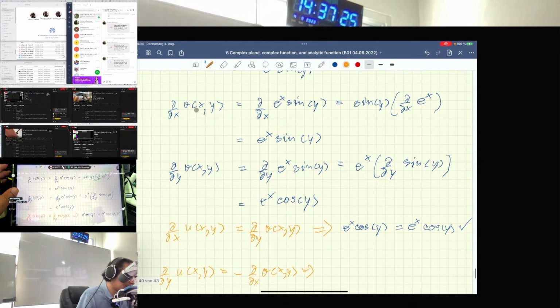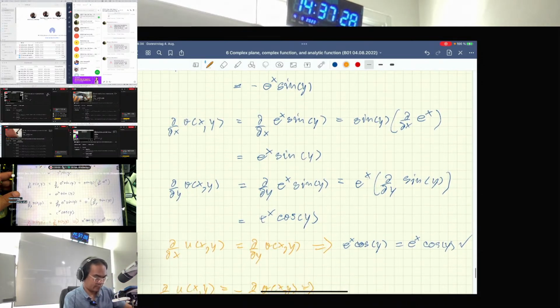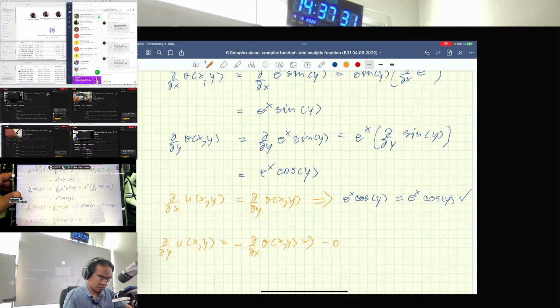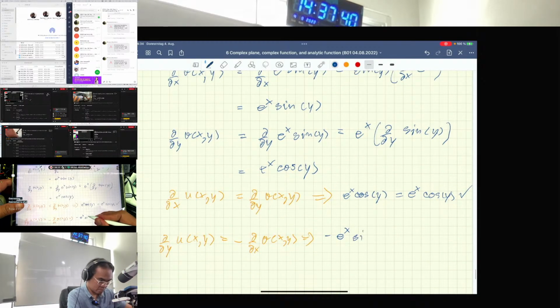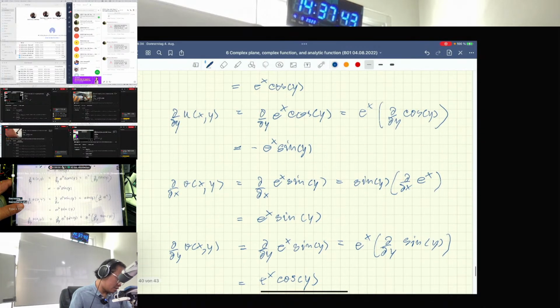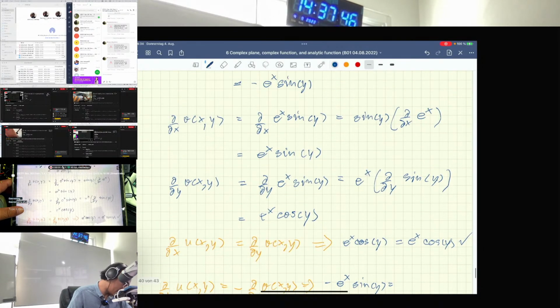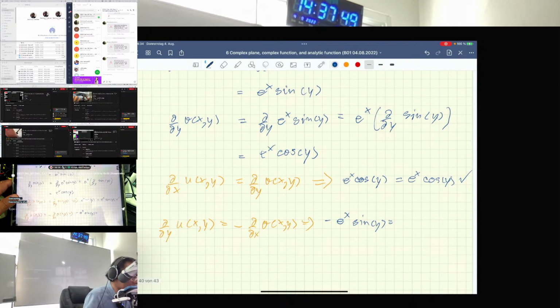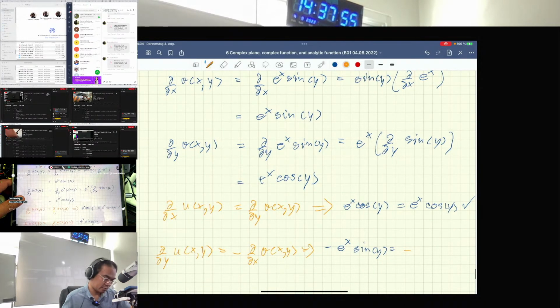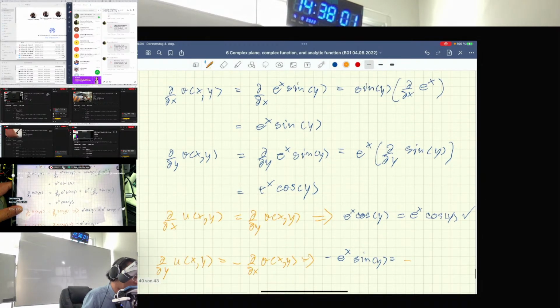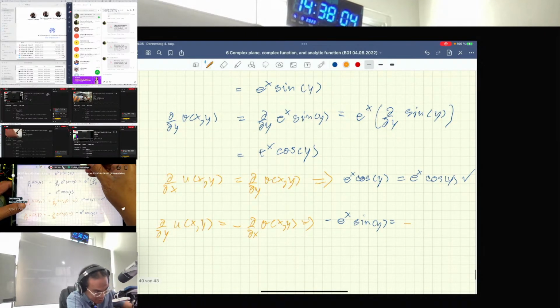∂u/∂y is this term, minus exponential x and then sine y. And then the next term, ∂v/∂x, we have to leave the negative sign because of this one. Okay, and the result is ∂v/∂x is exponential x sine y, exponential x sine y.